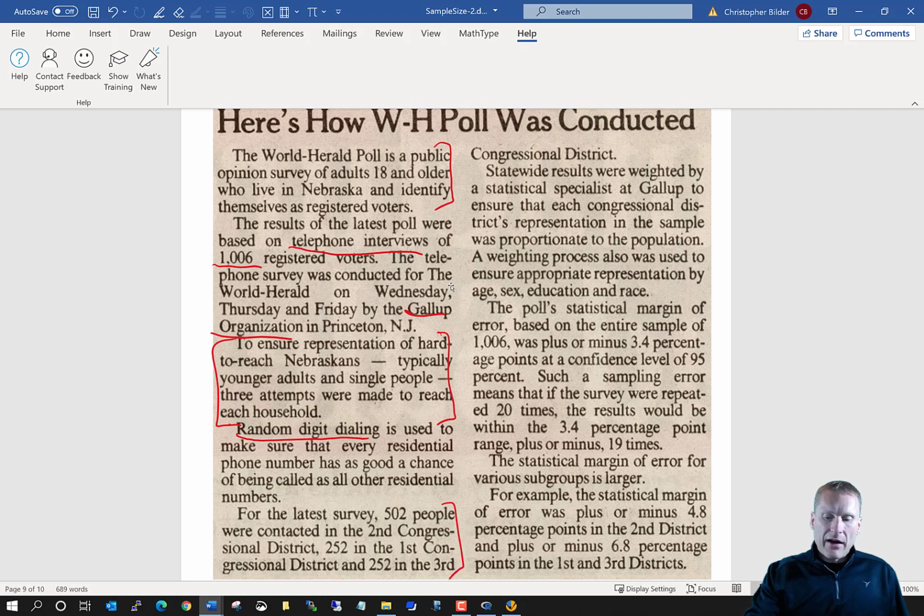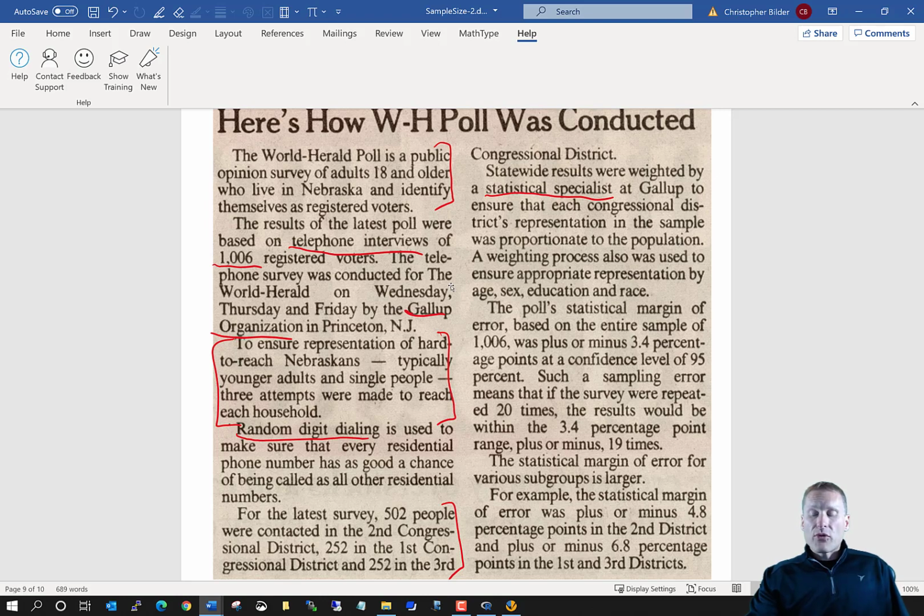We can see how they did this unequal weighting of people from the different congressional districts, or in terms of the sample size from each congressional district. And you can see that a statistical specialist at Gallup was used to ensure that each congressional district's representation in the sample was proportionate to the population.